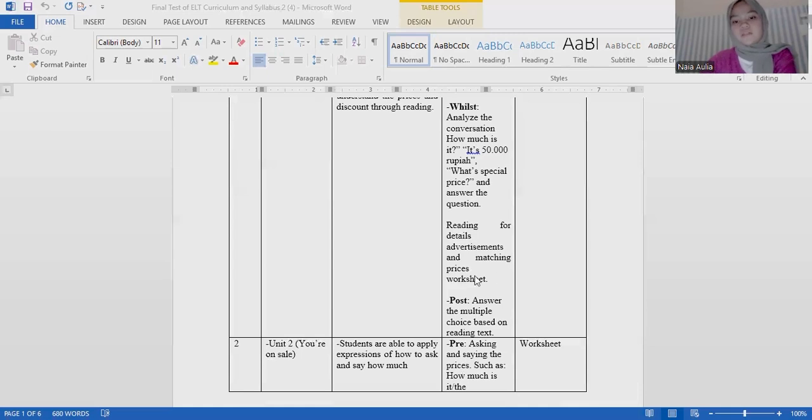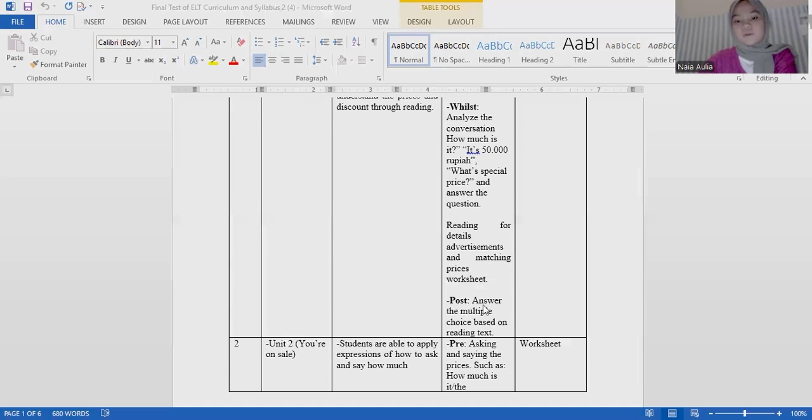In this section, the book has a reading text about a related situation, and after that the students should match prices in the form of a worksheet.